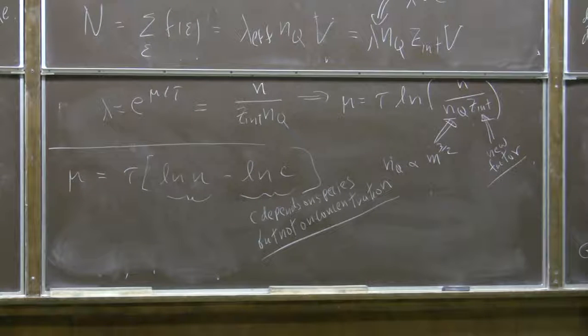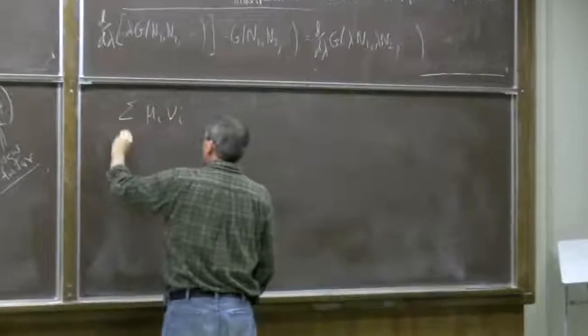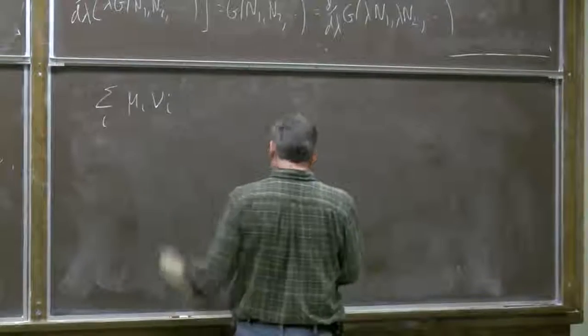So in chemical equilibrium, the sum of chemical potentials times nu i, summed over species, is equal to 0.